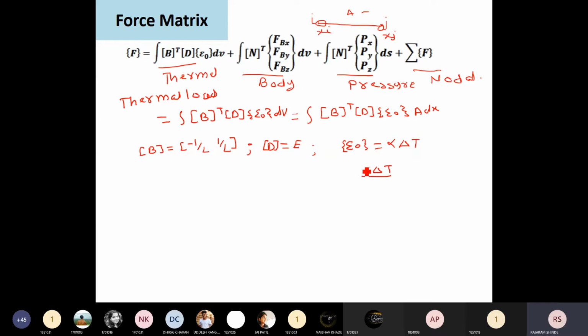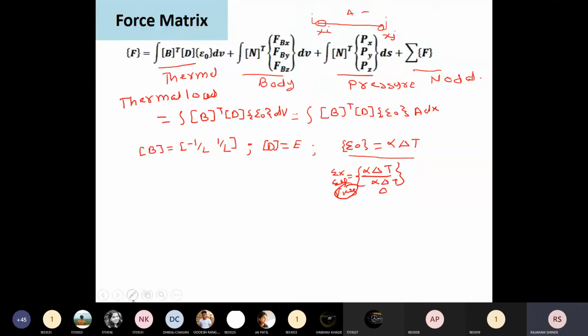If it is two dimensional, it has two components, that is alpha delta T, alpha delta T, and the last term is 0. That is strain: epsilon x, epsilon y, and gamma xy, which is 0 for thermal strain. There are two normal strains in two dimensions, and for one dimensional there is only one component.